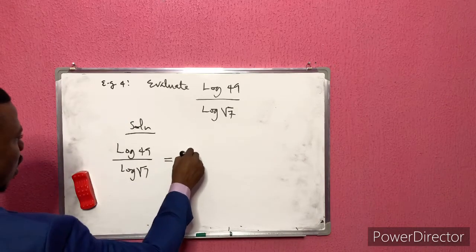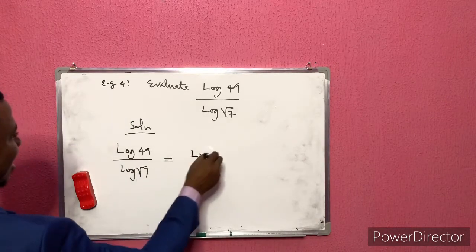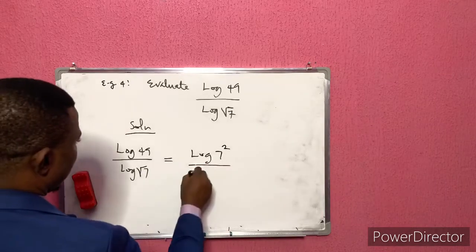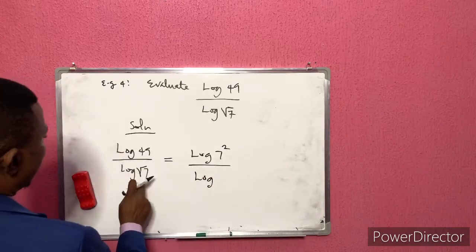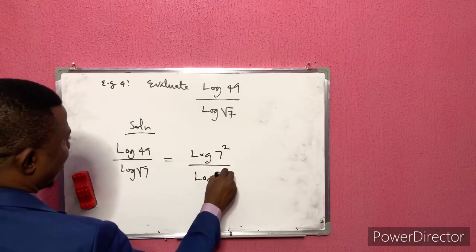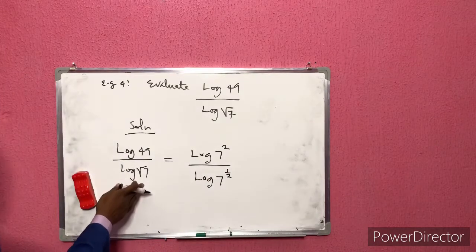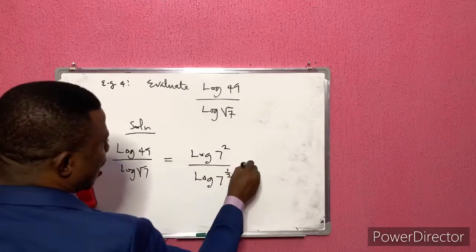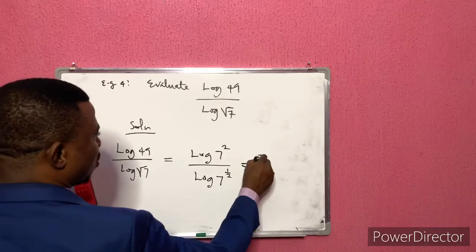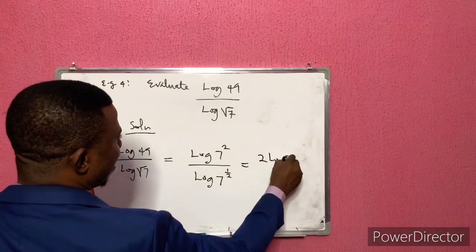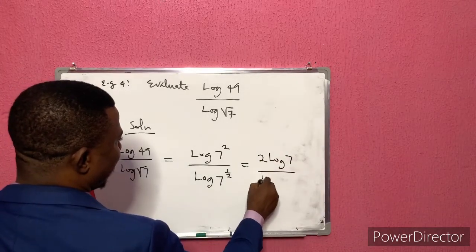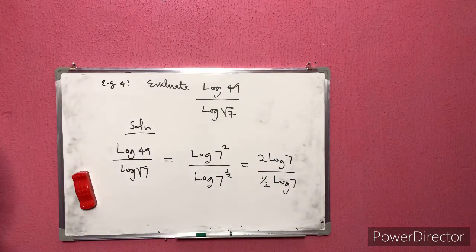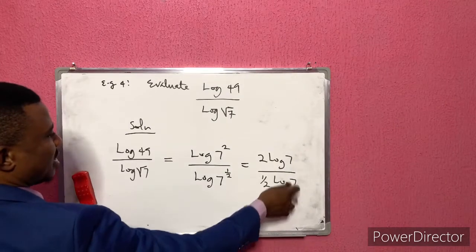log 49 is 7 raised to the power 2. And log root 7 is 7 power half, because the square root is power of half. Obey the rule of logarithm. I'll have 2 log 7 all over half log 7. This is log of its own base, so you cancel this.